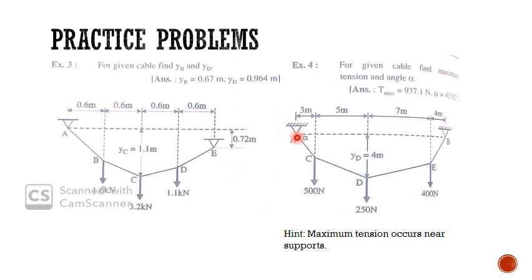If RA is more than RB, then the maximum tension will occur along AC. If RB is more than RA, then maximum tension will occur along BE. And with the help of the support reaction, you can also find angle alpha.